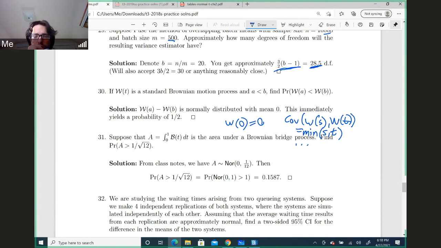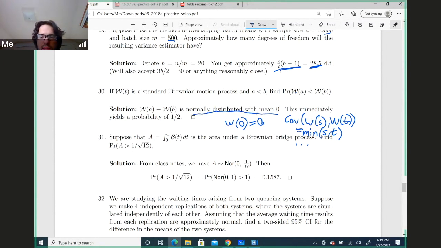In the particular question 30 here, they want to find the probability that W of A is less than W of B. And because A is less than B, I believe one of the properties says that, actually, in general, W of A minus W of B is normally distributed with mean of 0.